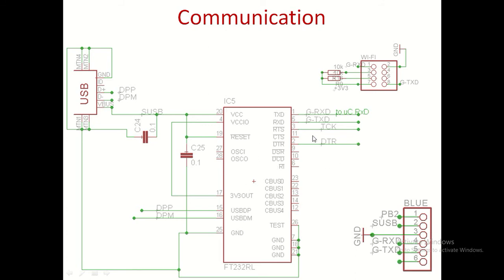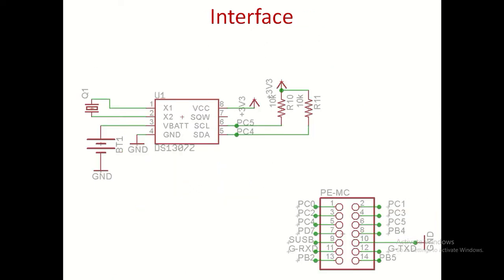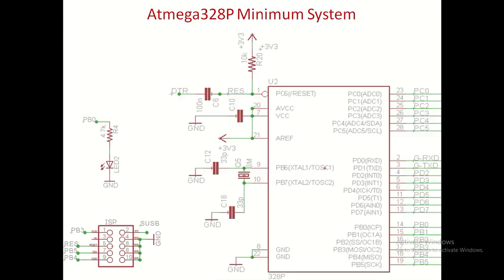There you can see data terminal ready, DTR, which is pin number 2 of this FT232, should be connected to the reset pin, as I already explained in my previous slides. That is, here, DTR should be connected to pin number 1. That is how the communication takes place between the microcontroller and the USB port.